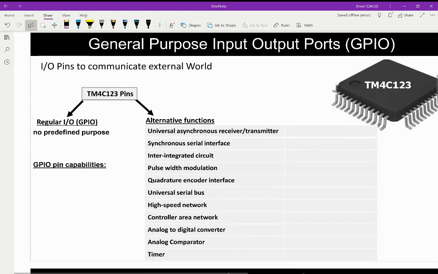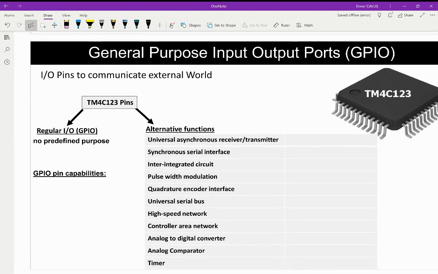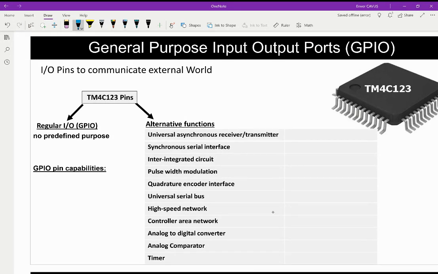General purpose input-output ports are used to communicate with the external world, such as a switch, and we use this switch as an input, or we can write to an LED. So the LED will be our output, or we can communicate with our PC or another chip. This could be another microcontroller as well.